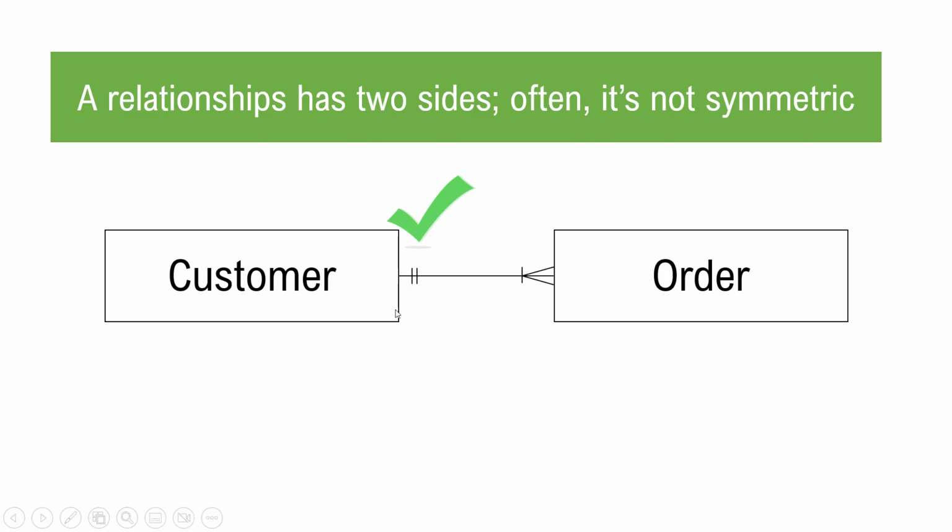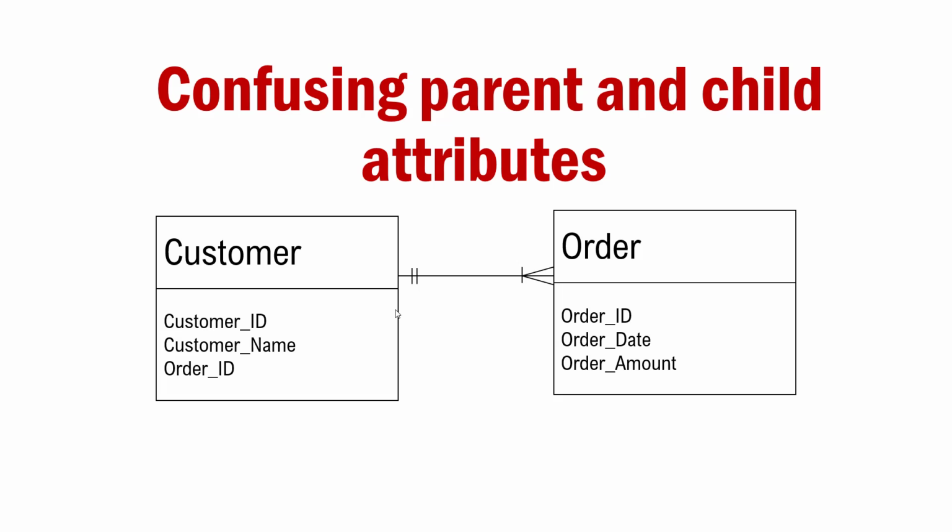All right, so what else do we want to cover today? Confusing parent and child attributes. That's another very typical beginner mistake that we want to avoid. So considering further our relationship between customer and order, if we start to develop some attributes for customer and for order, what sometimes I see beginners do, because they know that customer will have orders, they will put the order ID attribute into the customer data entity.